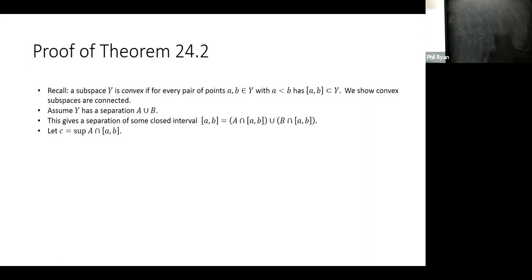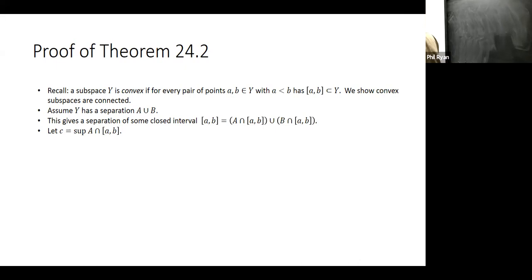Okay, so how do we prove that? Well, actually, what we're going to prove is that it's true for convex subspaces in the order topology. And recall that a subspace is convex if you have any two points in your subspace, one's going to be less than the other, then that closed interval is going to be contained in that subspace.